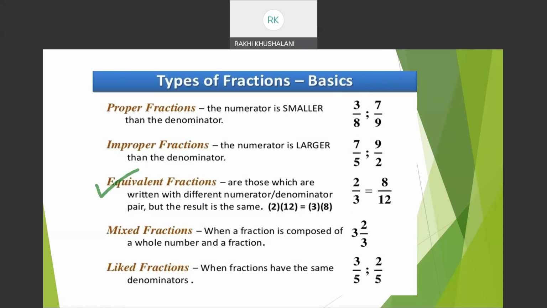And of course, there are equivalent fractions, which we have already discussed. Now, children, I just want to remind you, in tomorrow's session, please be prepared with a small colored craft paper.